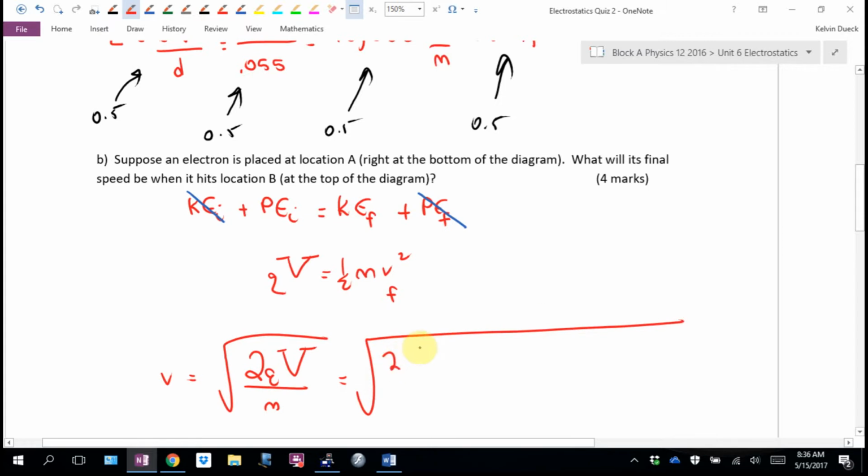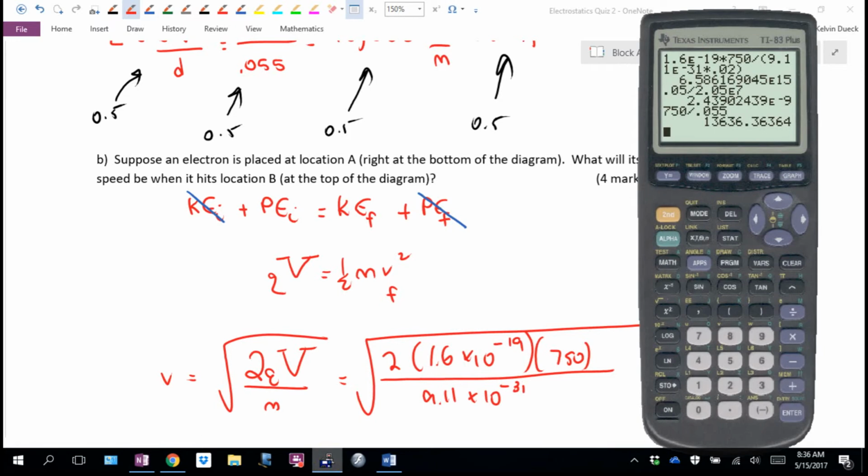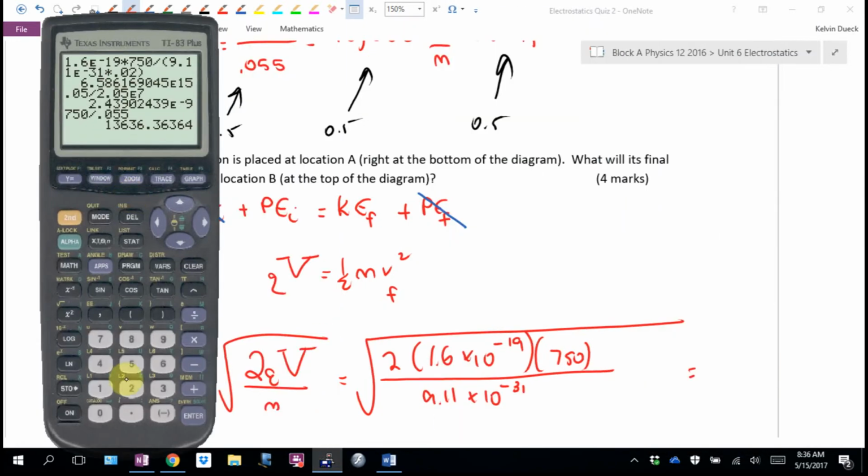They didn't tell me q. It's an electron, 1.6 times 10 to the negative 19. Technically negative, but I know I'm taking the square root and I want a positive answer, so meh. Voltage, 750 volts is what we're traveling through. Divided by mass, they didn't tell me. It's an electron, 9.11 times 10 to the negative 31 kilograms.